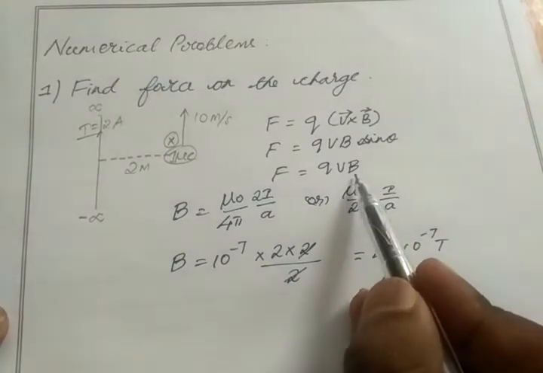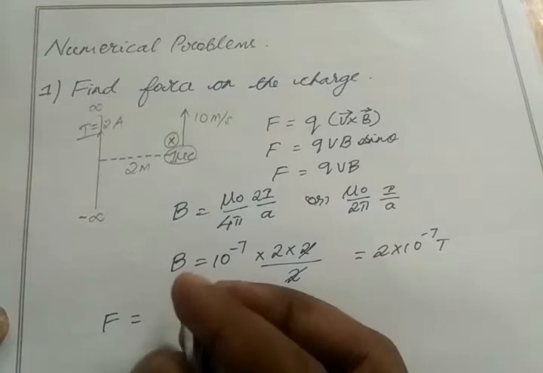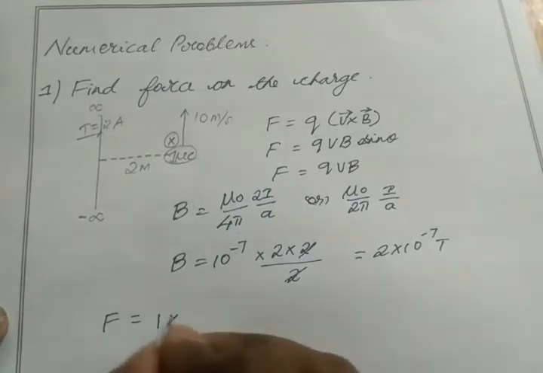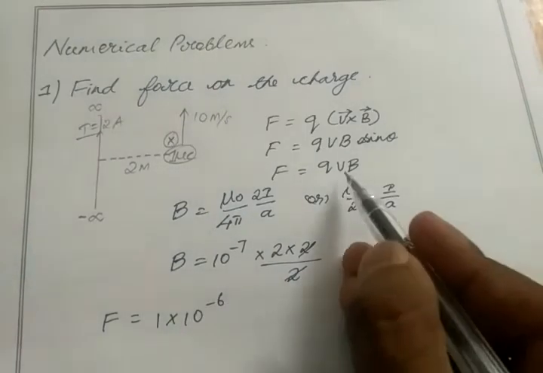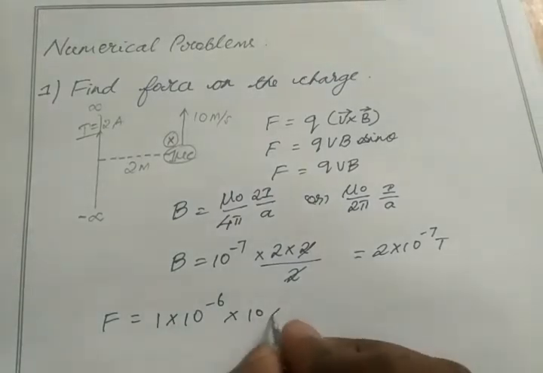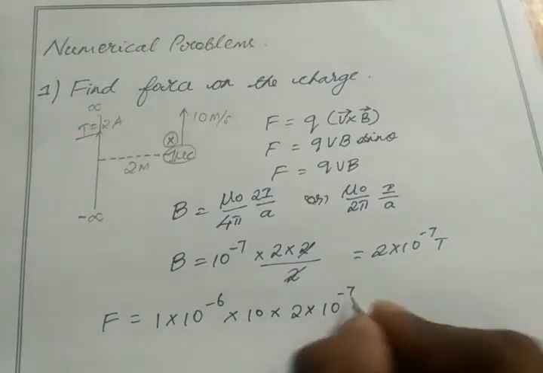So now we found the value of B. So from this equation, F equal to, what is the value of Q? 1 microcoulomb, which equals 1 into 10 power minus 6 coulomb. Then V, 10 meter per second. Then B, 2 into 10 power minus 7 Tesla.